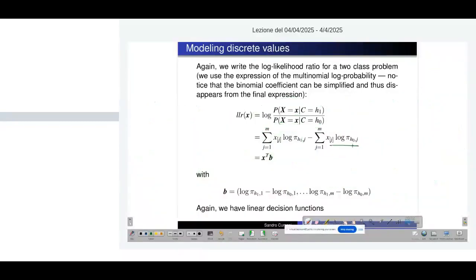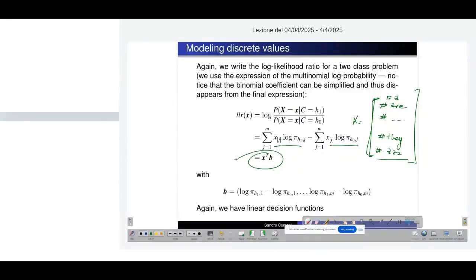And then, if I express it in this way, I can see that if I have my document represented as occurrences, so rather than a sequence of words, I represent my document as number of R, number of A, number of R, number of whatever, number of they, number of ZZZ. So the number of occurrences in my test document of each word, I can express it as a linear function of this vector x.